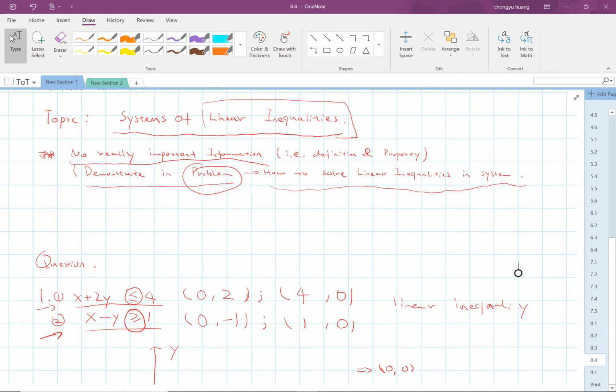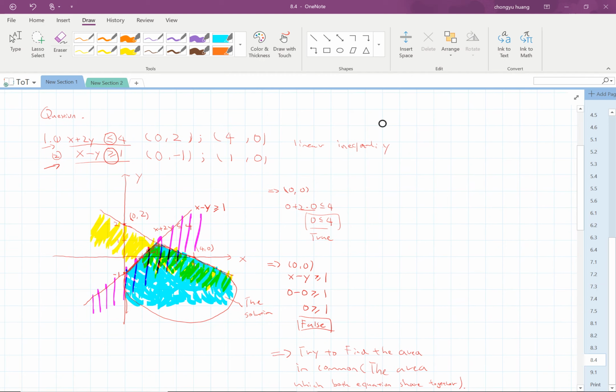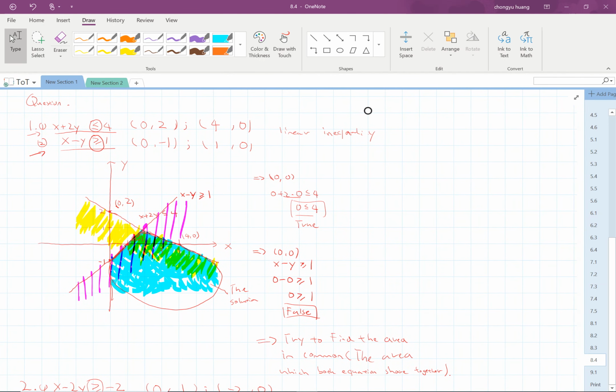What I do here is basically demonstrate how you can solve linear inequalities in these problems. Let me show those question answers one more time, because I think it's quite important to show all the steps on one page. If you still have some questions, you can look at it.